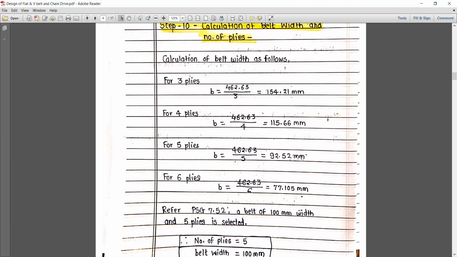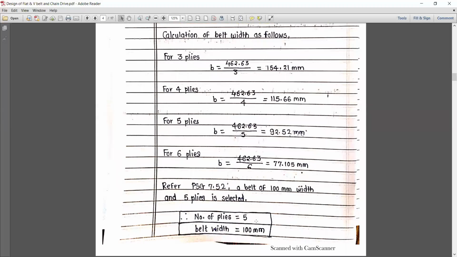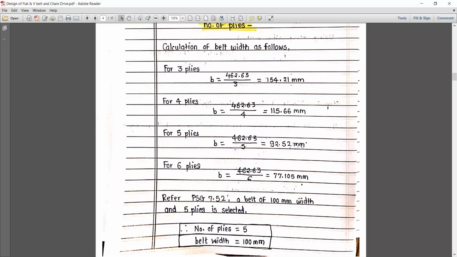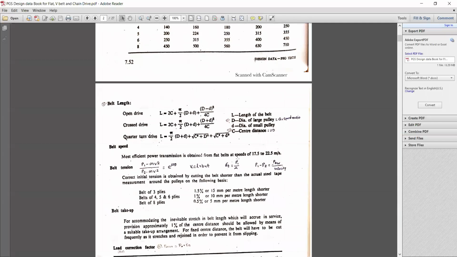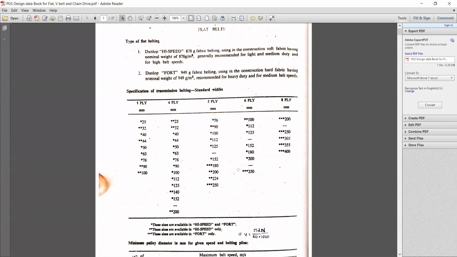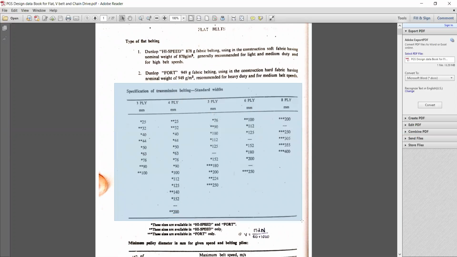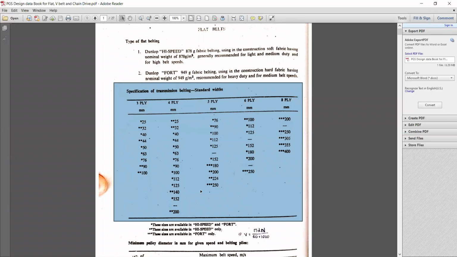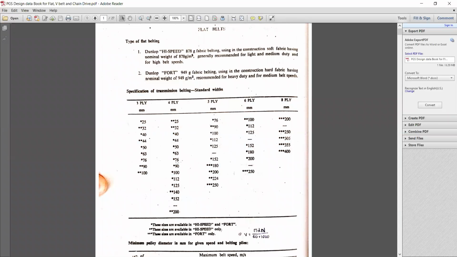For number of plies, if you're referring to the PSG data book page number 7.52, here the specification of standard plies and the width of belt has been shown.